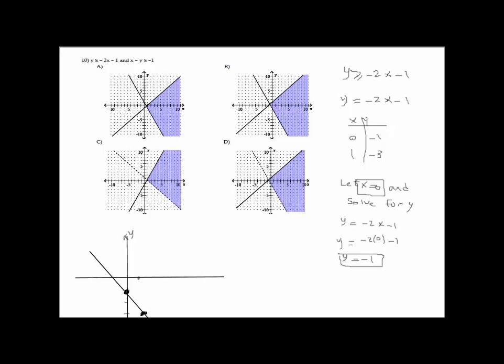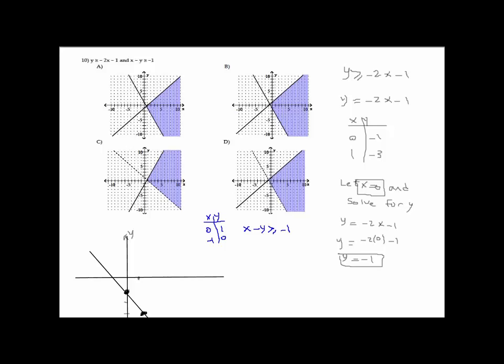Now, we do the same thing for the other line. Let's use a different color here. So if I have x minus y greater or equal to minus 1, let's pick a couple of points here. If x equal to 0, y is equal to 1. If y is equal to 0, x equal to negative 1.